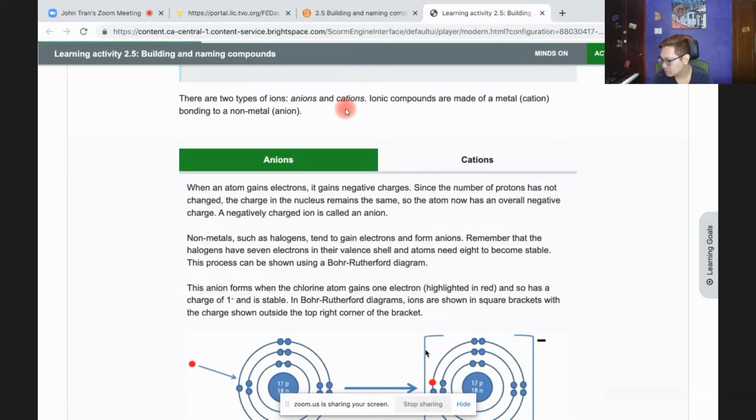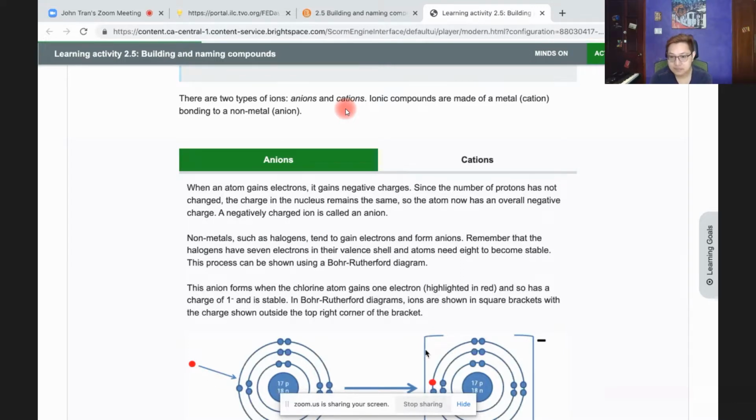Non-metals such as halogens tend to gain electrons and form anions. Remember that the halogens have 7 electrons in their valence shell, and atoms need 8 to become stable. This process can be shown using a Rutherford diagram.